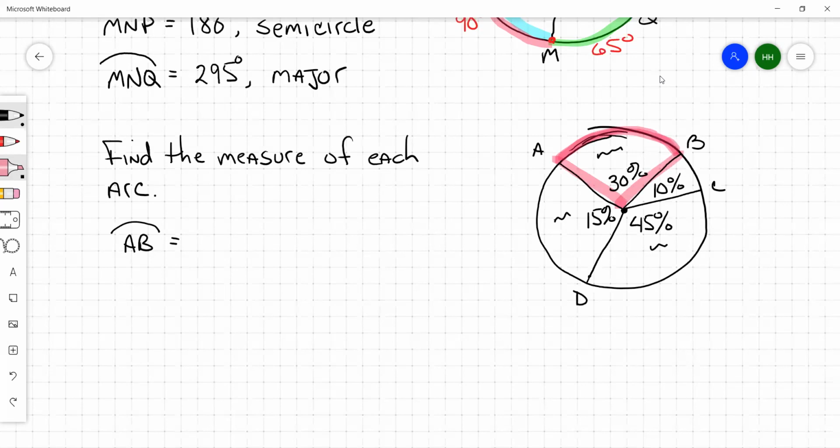Its corresponding central angle is listed as 30%. Well, isn't that 30% of 360? Because all of these central angles represent 100% of 360. And if arc AB represents 30% of 360, you take 0.3 and multiply it by 360. And 0.3 times 360 equals 108 degrees.